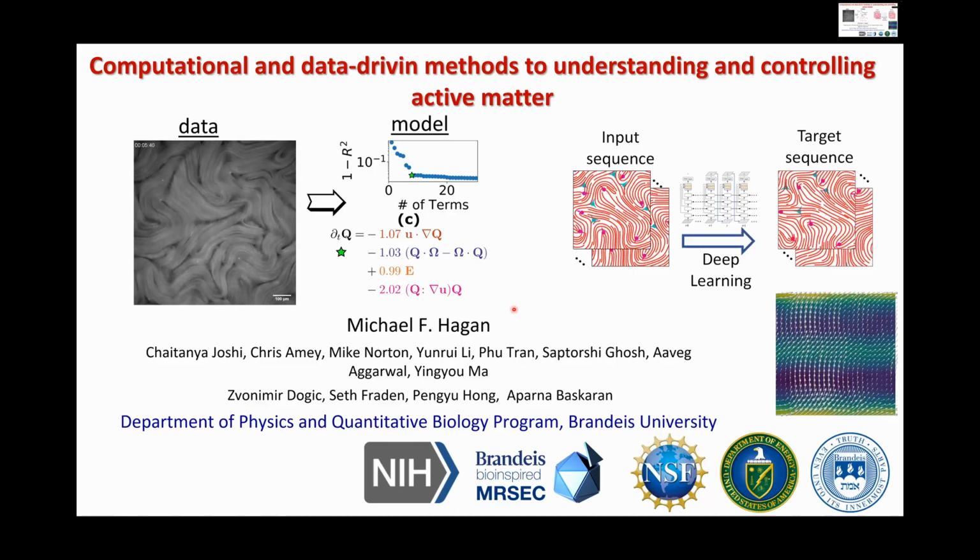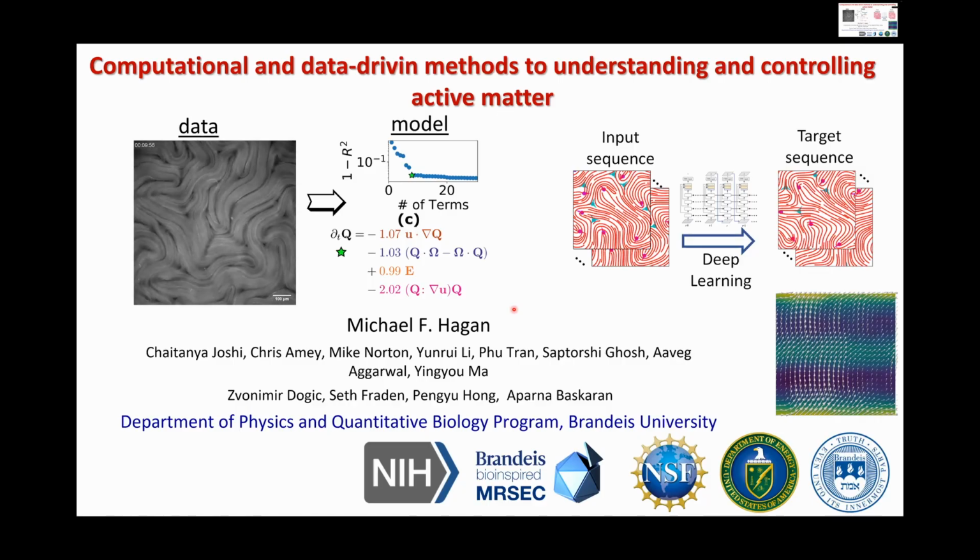And then more recently, we've started to integrate also some tools from data-driven science and machine learning. And I want to tell you about some preliminary progress we've made along those lines. And in particular, for this talk, I want to focus on what we've been doing with active matter.